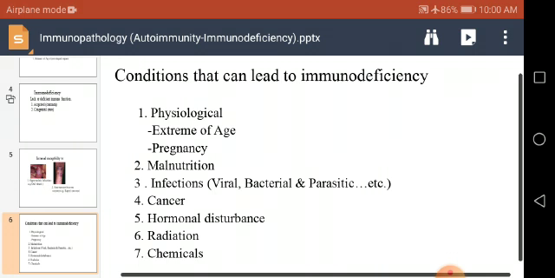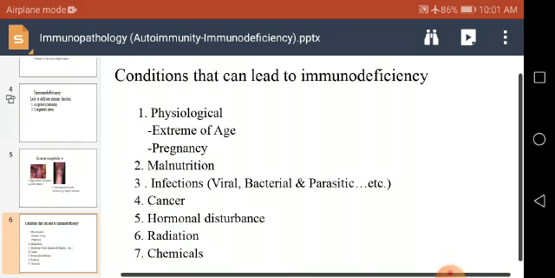Number three, infections. This is a common cause of immunodeficiency, like viral infection, HIV infection, bacterial infection like tuberculosis, and parasitic infection like visceral leishmaniasis, which is Kala-azar.